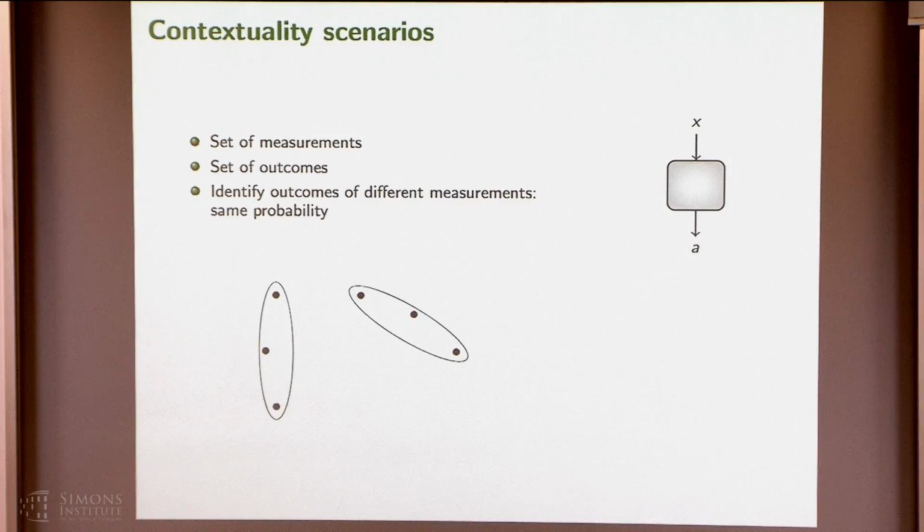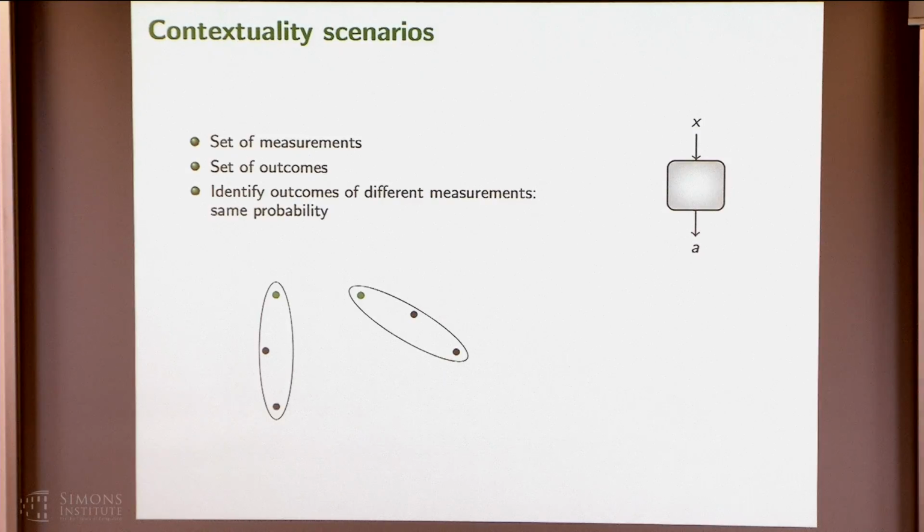Let's suppose, and let me depict the situation in this way, that we have two different measurements. Each of these ellipses is a measurement, and each of them has three outcomes, depicted by these dots. It might happen that we perform these measurements on our system, and we see that for all the possible preparations of the system, these two outcomes always happen with the same probability.